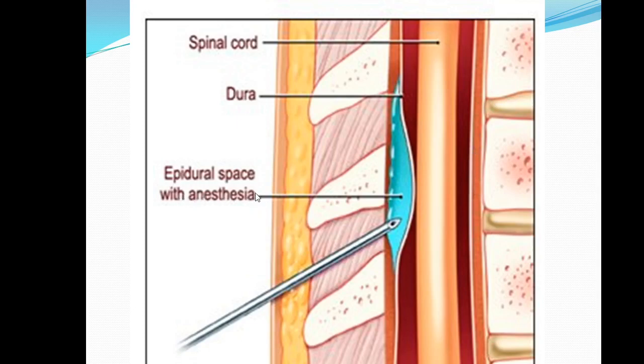The needle has been placed here in the epidural space to give anesthesia. This is a very common clinical procedure which is done to anesthetize the lower segment of the spinal cord in the cases of the delivery.